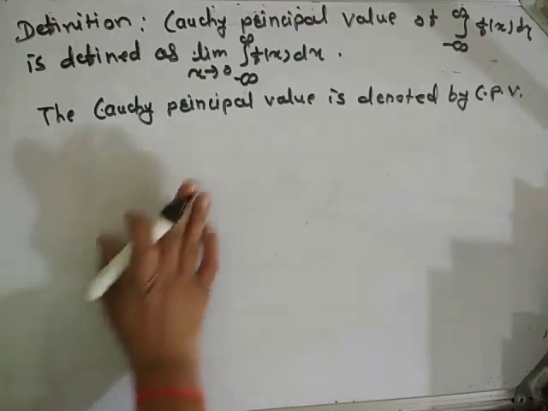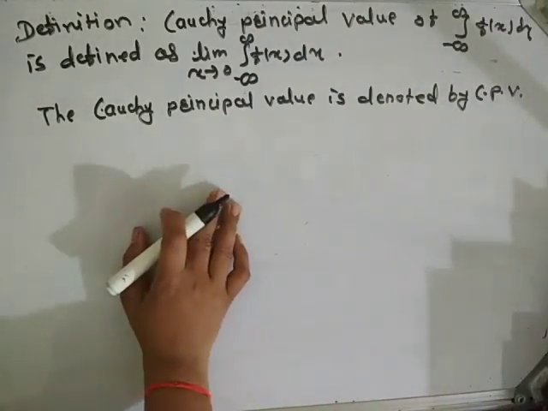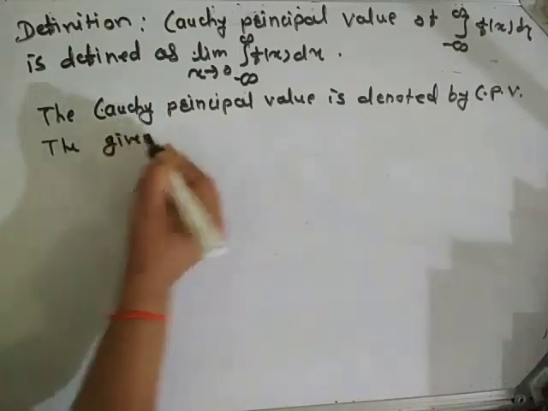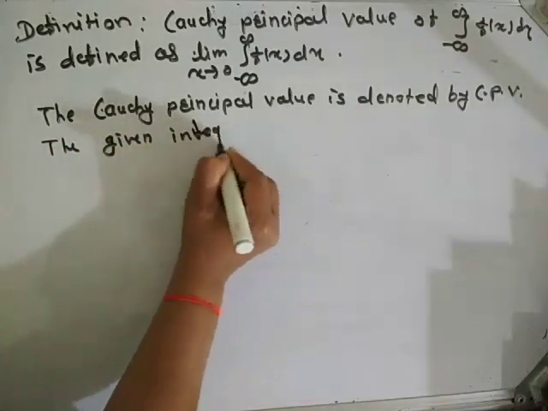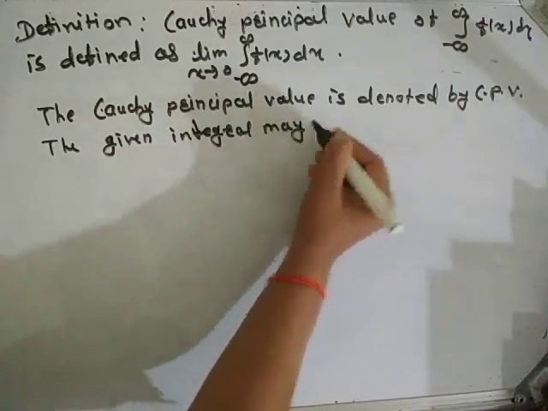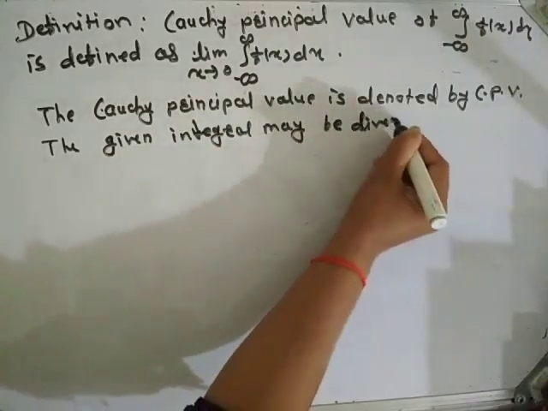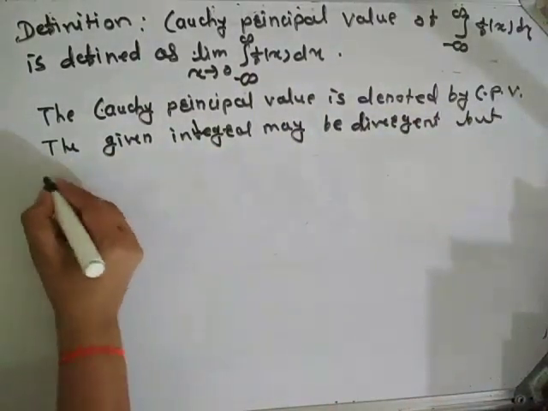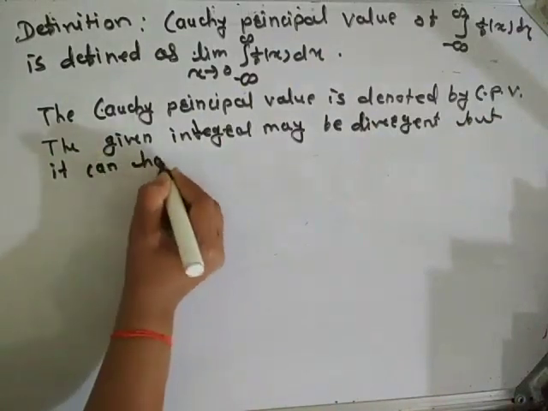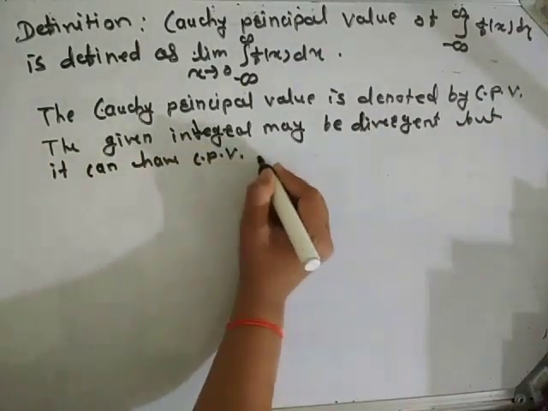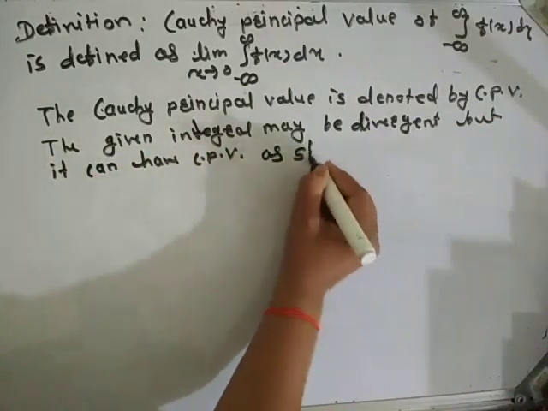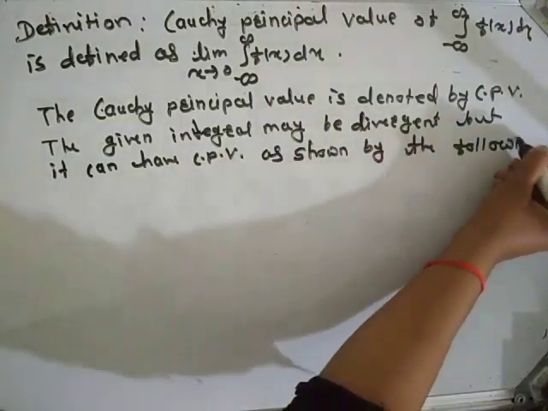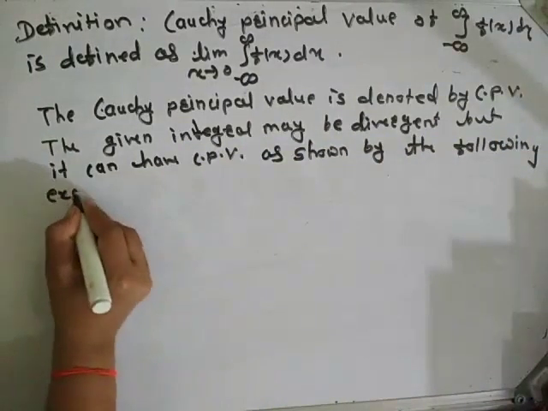See here, students, the given integral may be divergent, but it can have a CPV, as shown by the following example.